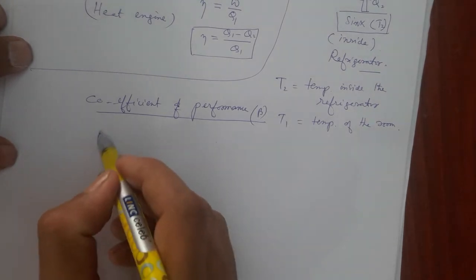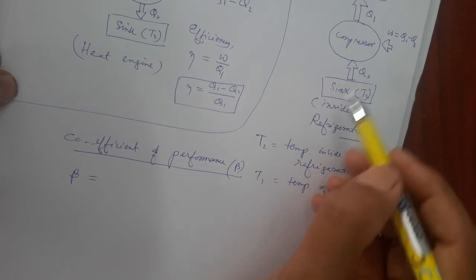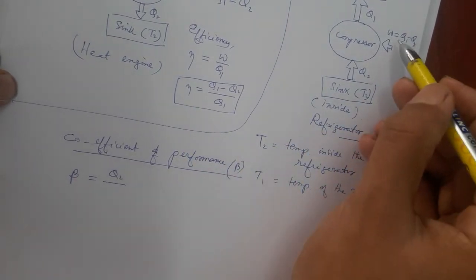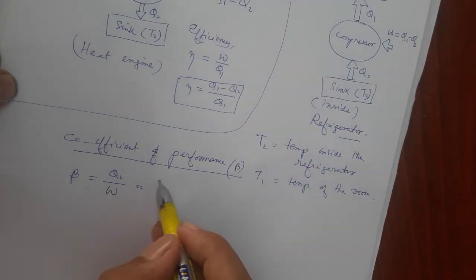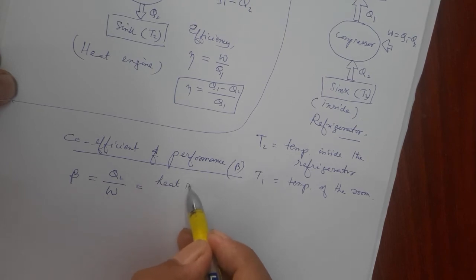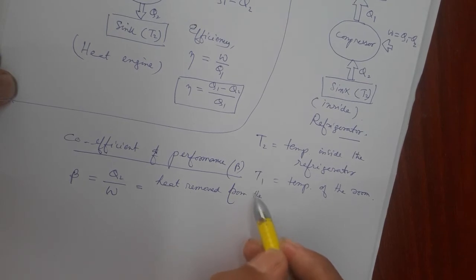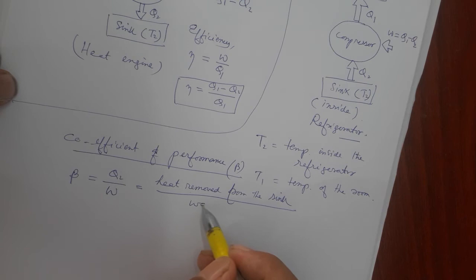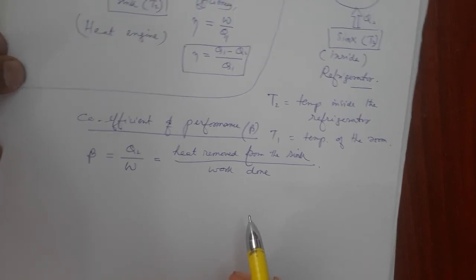So this coefficient of performance beta is equal to Q2, that is heat removed from the sink, divided by W, where Q2 is the heat removed from the sink and W is the work done. This is the way how we define coefficient of performance.